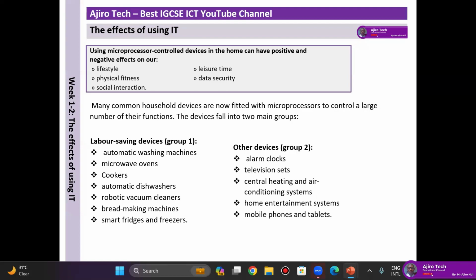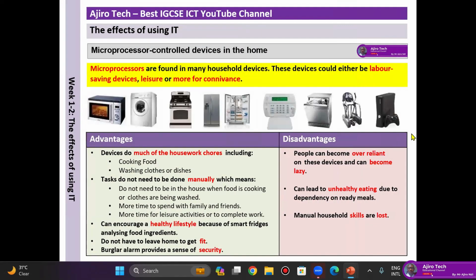The next thing we want to talk about is lifestyle, leisure time, and physical fitness. When we talk about lifestyles, we can see that microprocessors are now found in many households.